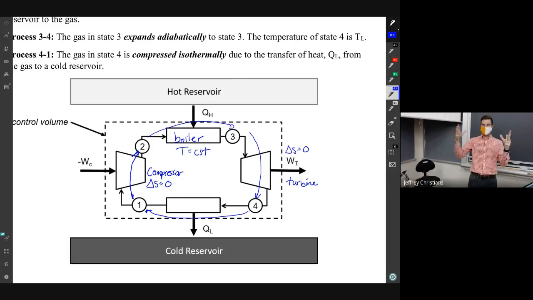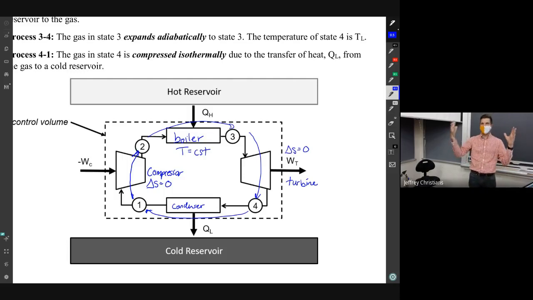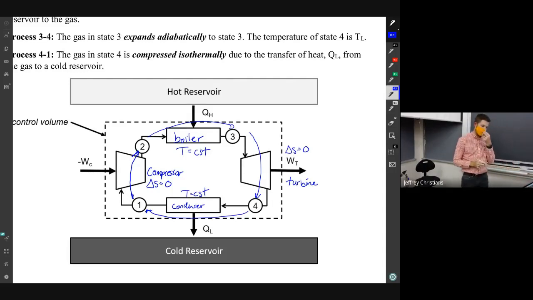So the volume is getting smaller and smaller, but the temperature is not changing. So this is a condenser, right? It's going from a gas or mostly vapor down to a liquid, and we're doing that by taking heat away. So this is, again, a constant temperature process.